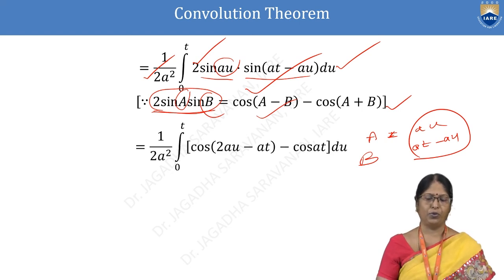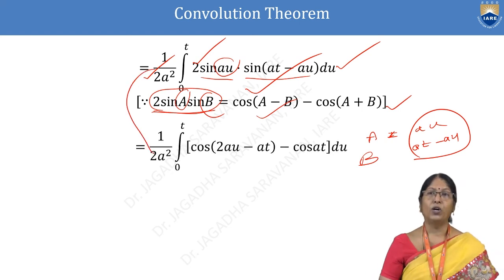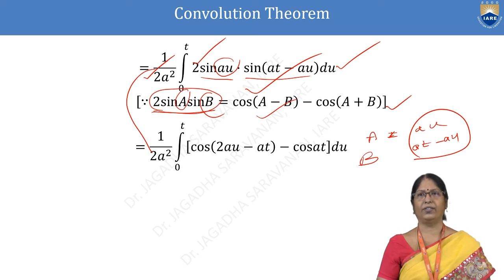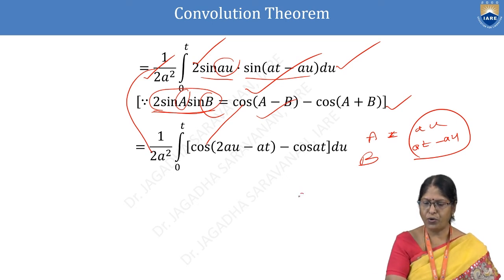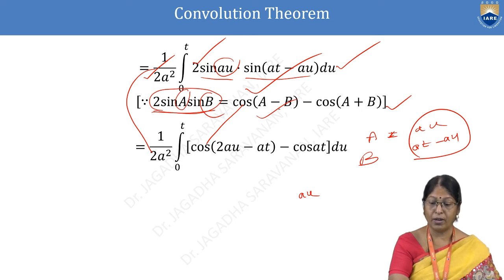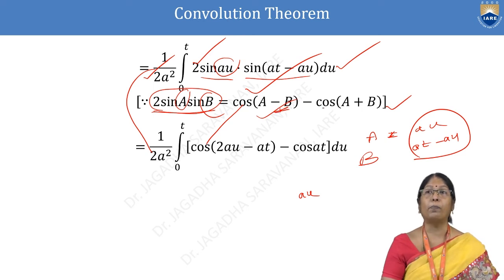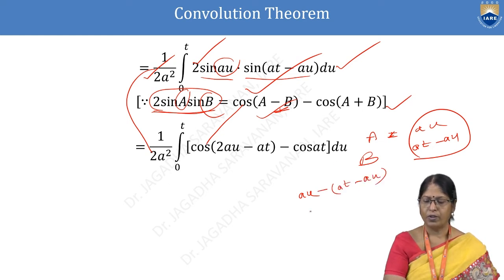We will substitute. This is 1 by 2a square as it is, cos of A. Our A is au. Fine. What about B? Here we want minus B. So minus of B is at minus au, which simplifies to minus at plus au.